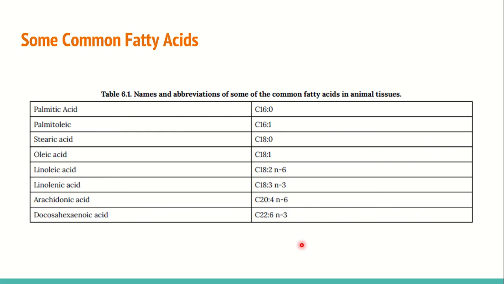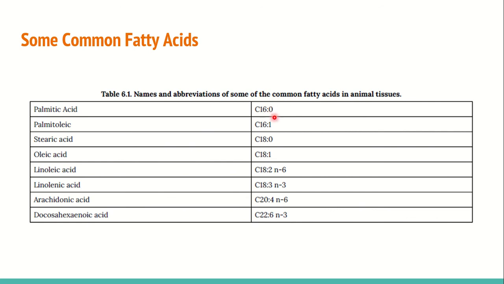Okay, so proceed tayo. So, other common fatty acids, we have palmitic acid. So, these are examples, no, present in animal tissues. We have palmitic acid, palmitoleic acid, etc. Ito yung bilang ng carbons present in this fatty acid. 16 carbons.